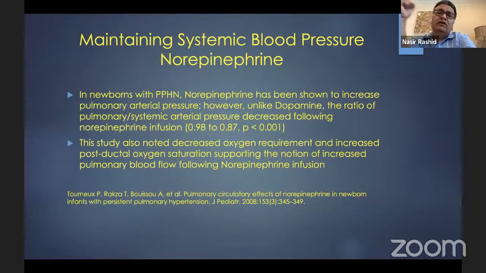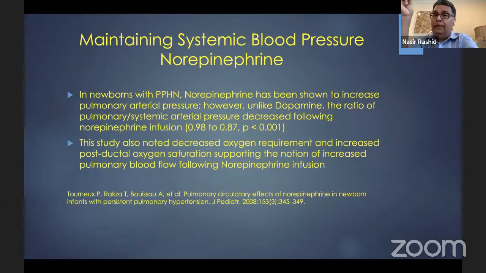Now, the other option of using an inotrope is norepinephrine, and actually lately more and more neonatologists are using norepinephrine as compared to dopamine, because what they've found is that when they measure the ratio of pulmonary to systemic arterial pressure, the ratio was decreased following norepinephrine infusion, which means that the pulmonary pressure dropped, but the systemic pressure rose.